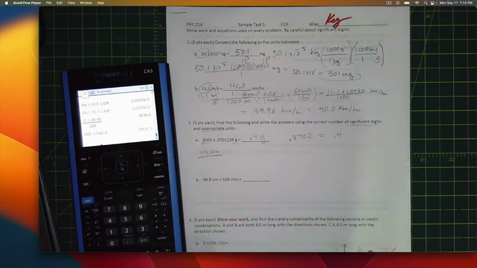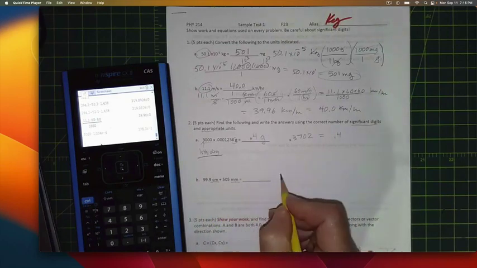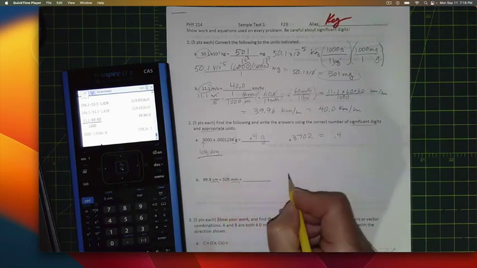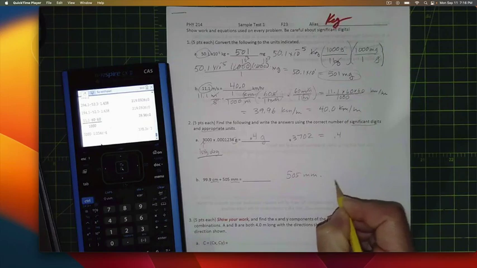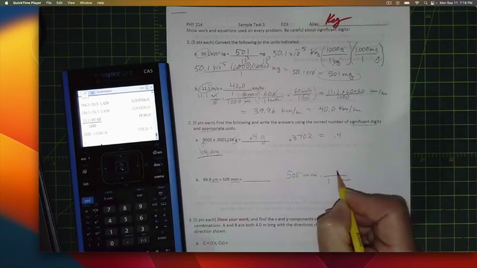All right. For part B, we've got centimeters and millimeters, so we can make a choice. Do we want to add, or do we want to convert the millimeters to centimeters or the centimeters to millimeters? Let's go to centimeters, I guess. So let's change 505 millimeters. We want to convert from millimeters to centimeters.